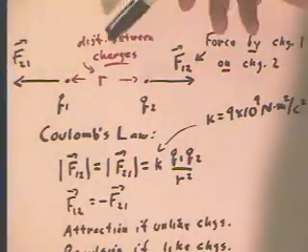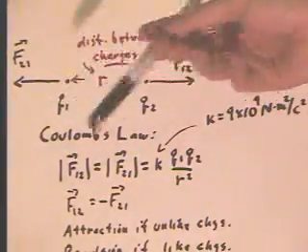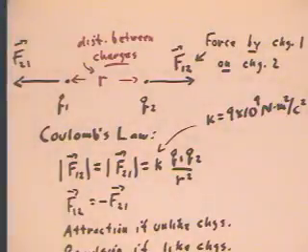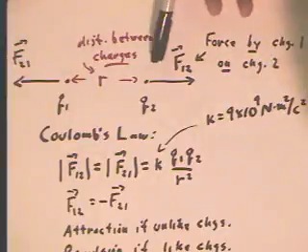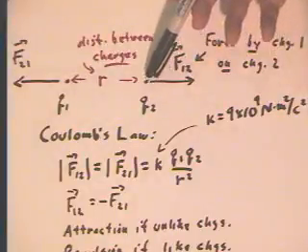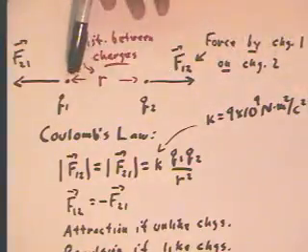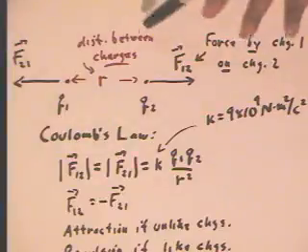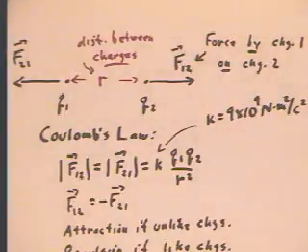With the tape, charges are distributed again over the whole length of the tape, and some parts of the tape are closer to the other piece than others. So some charges are closer than others. In this case, nothing is closer than anything else. That is, all this charge is the same distance from every bit of this charge, and that distance we're going to call R. So R is the distance between the charges.